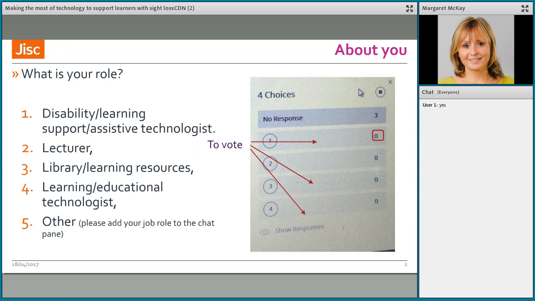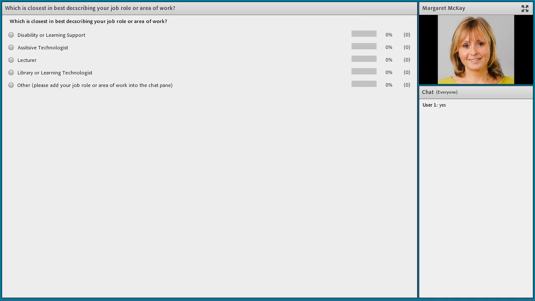But before we start, I wondered if I could just get an idea of you and your particular role, and I wondered if I could ask George to share the poll. If you could just take a second to tell me the closest description of your role or your area of work in general terms.